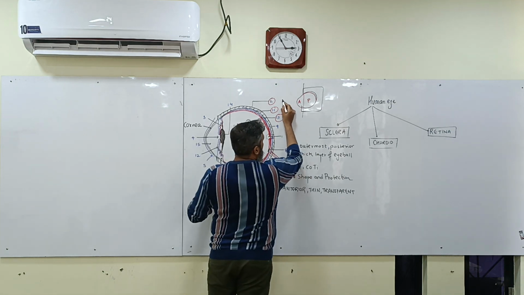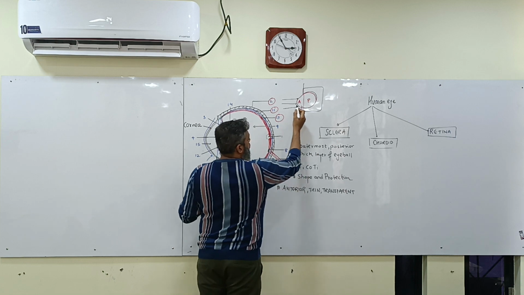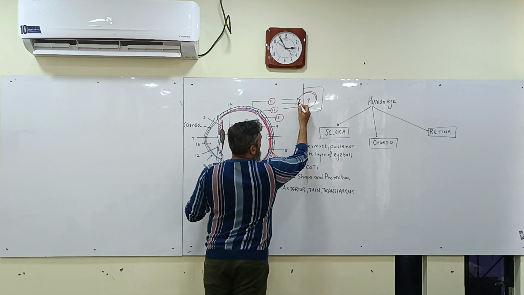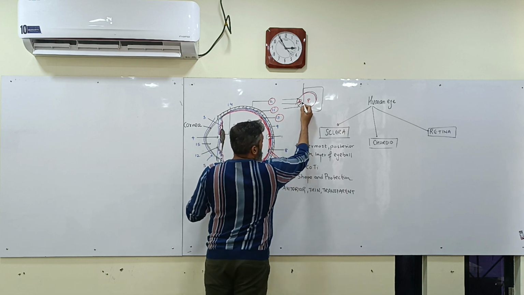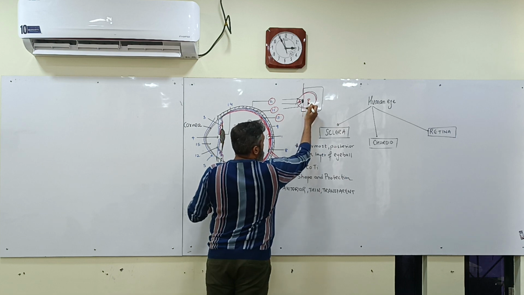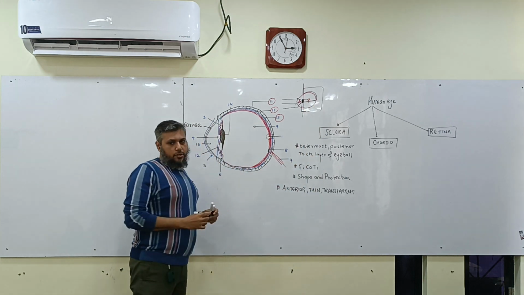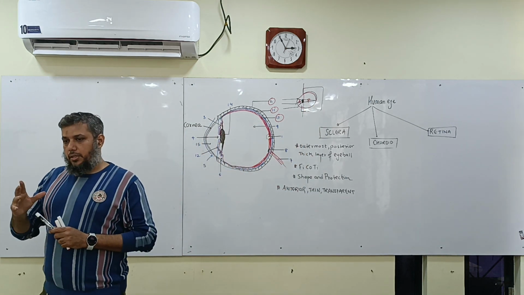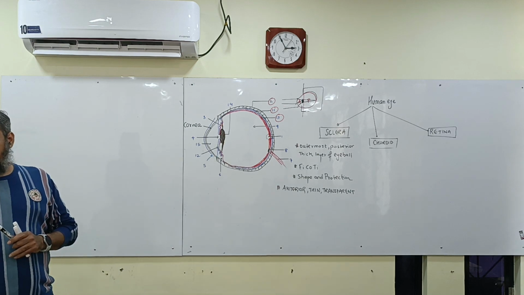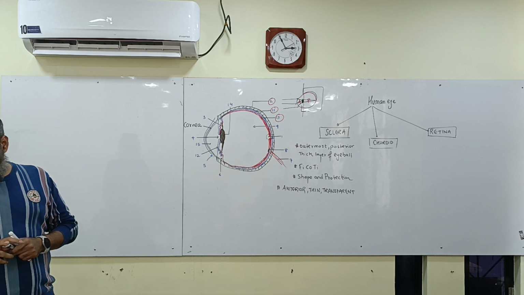majority of the bending of the light. As the light falls on the cornea, most of the light will be bent by the cornea and put on the lens. And the rest of the refraction will be done by the lens so that the light falls on your retina.